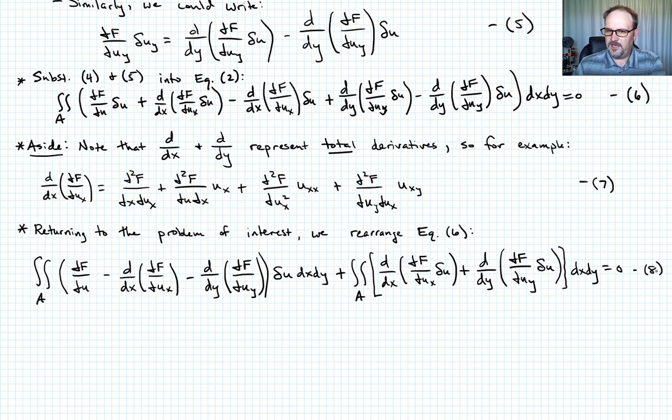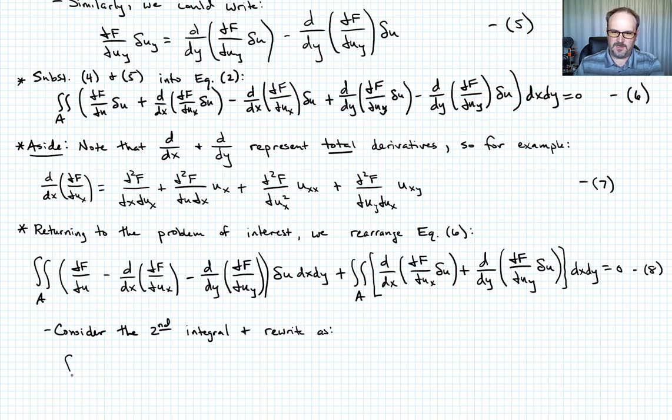Okay, you can start seeing that this first integral that I wrote looks a lot like the form of the Euler-Lagrange equation that we had written before, and that this term here is a little bit new. We haven't seen something like this before. So what I want to do is try to rewrite this second integral in a different form.